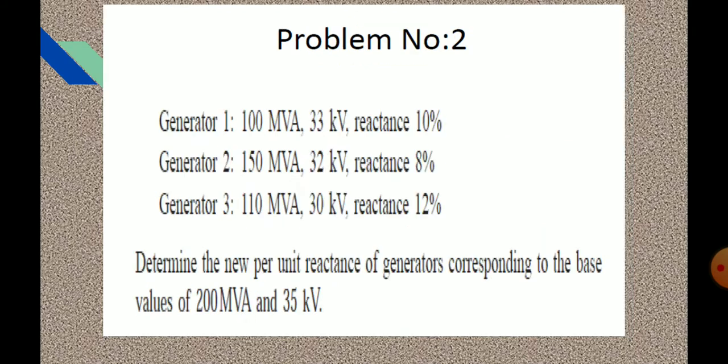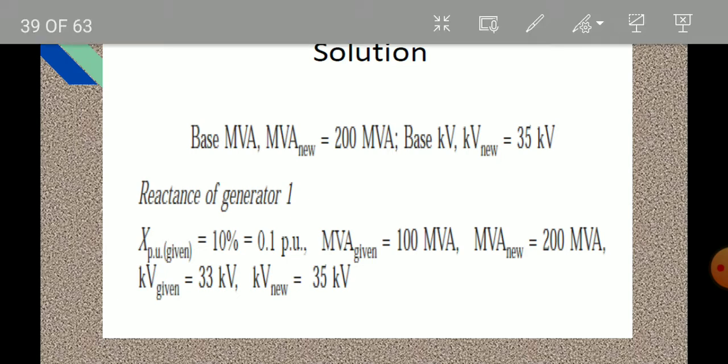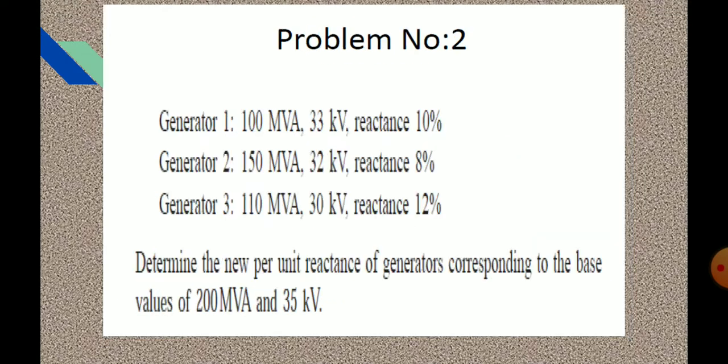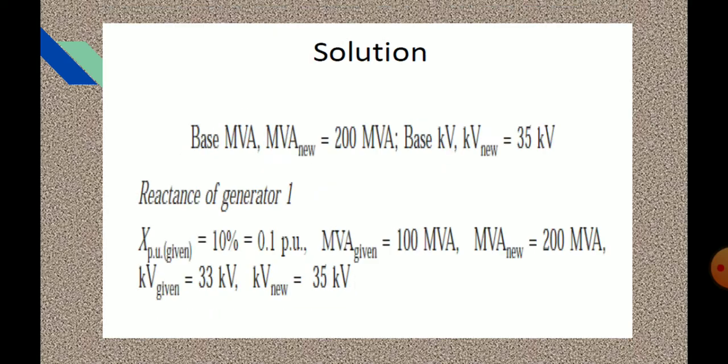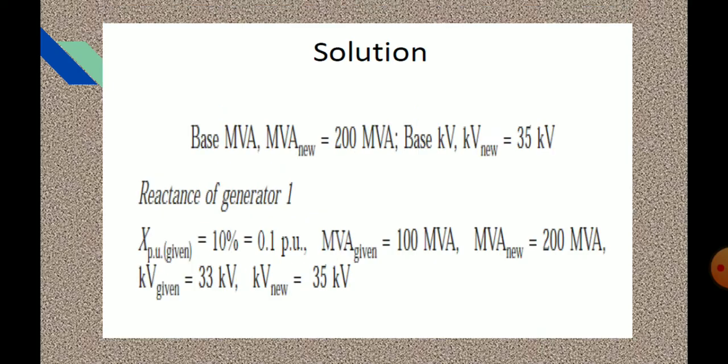The MVA given in the question is 100 MVA, and the new value is given as 200 MVA. The kilovolt given for generator 1 is 33 kilovolt, and from the last statement of the question, the base value is 35 kilovolt, which is called kV new.